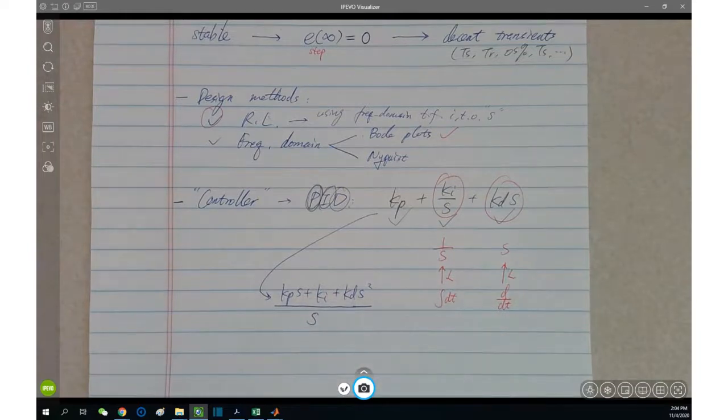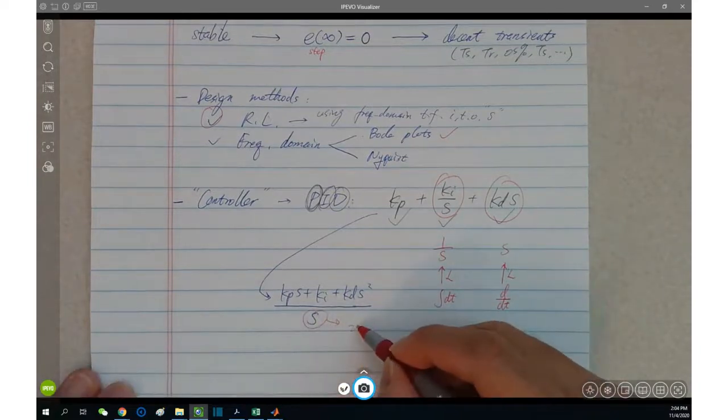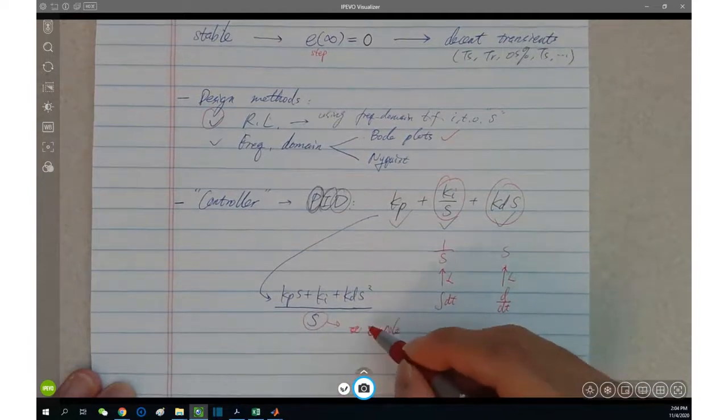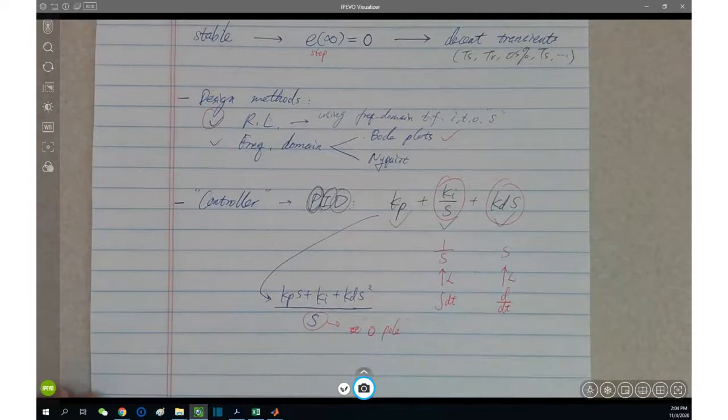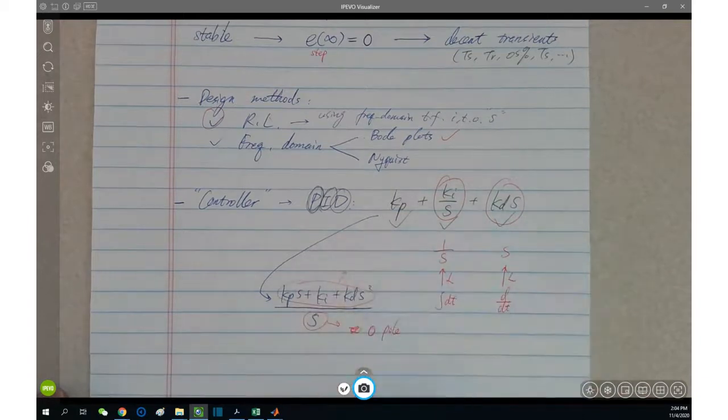Now from here, you can tell the PID is actually introducing what to the system? It's introducing one zero pole, right? That makes sense. This S in the denominator means nothing but a pole at 0. And also introducing what?